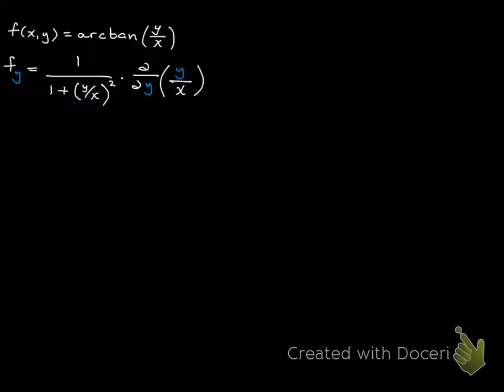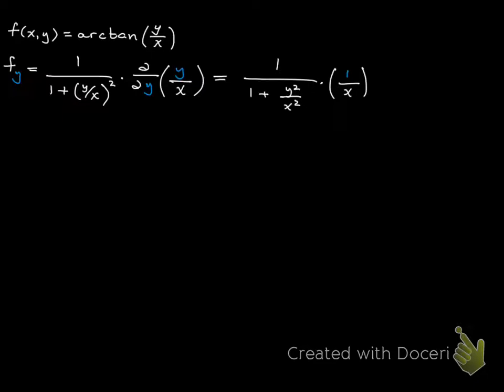Derivative of y over a number is just the fraction 1/x. So what I see is 1 over 1 plus y squared divided by x squared, times just 1 over x. The derivative of y with respect to y is 1, and x is a constant. It just comes along for the ride. Okay, so I'm going to do a little bit of algebra here.